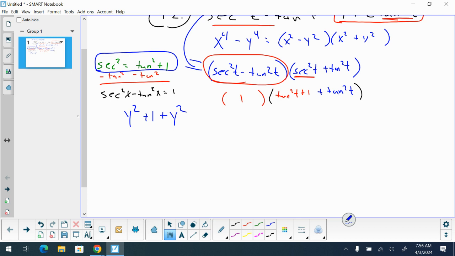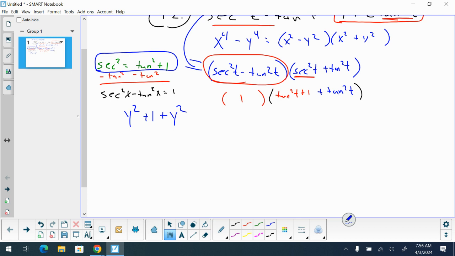If we had y squared plus 1 plus another y squared, and I ask you to combine like terms, Zach, how can we rewrite y squared plus 1 plus y squared if we combine like terms? Y to the fourth plus 1.